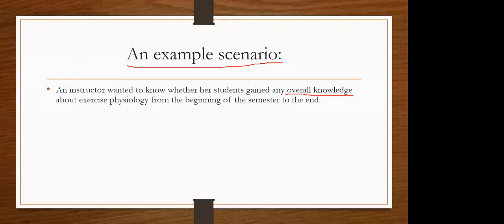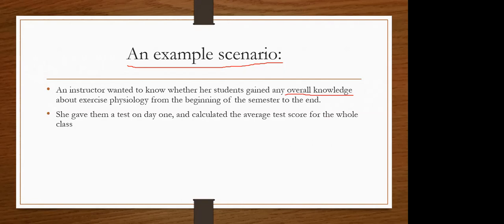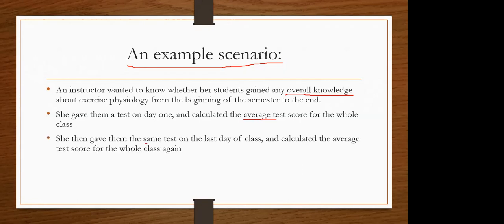So she gave them an entry exam on day one, and she calculated the average test score for the whole class. So there you go, there's a mean right there. Then she gave them the exact same test on the last day and calculated the average again for the whole class. So you've got two means here.